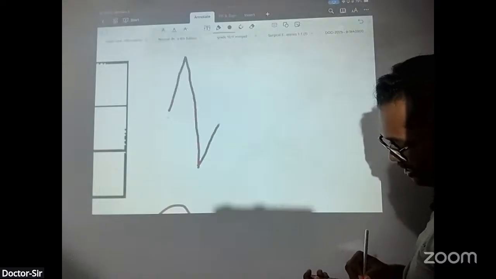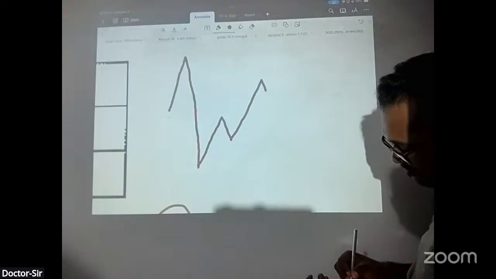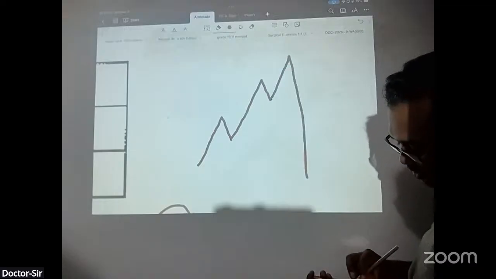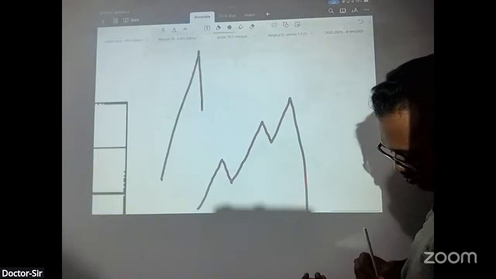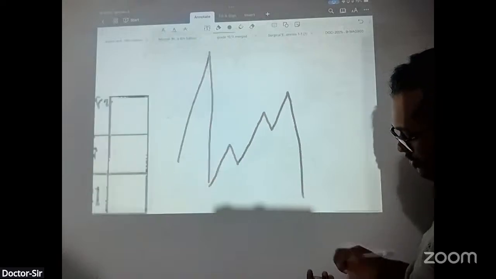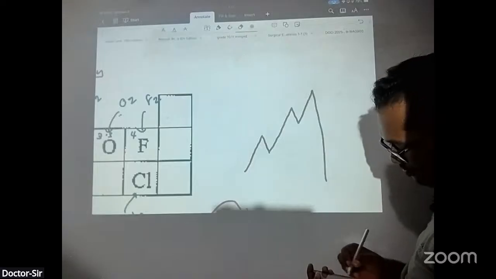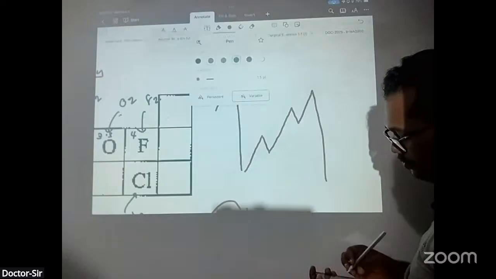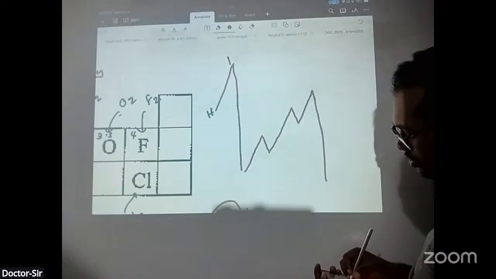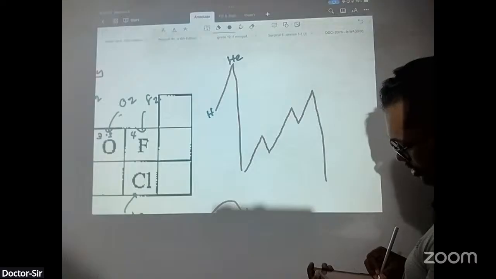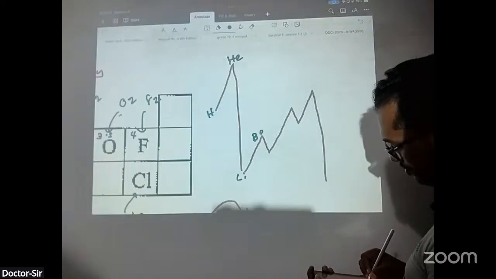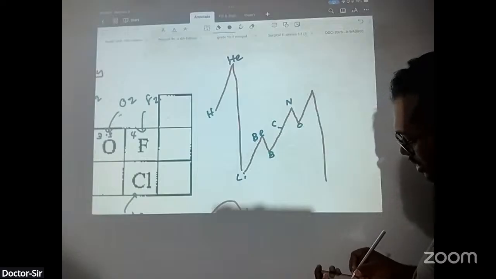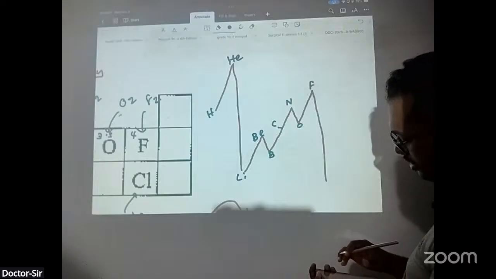There is a small pattern like this, going up a hill and down a hill. This hill should start a little higher up, right? Like this. Now I will put hydrogen, helium, then lithium, beryllium, boron, carbon, nitrogen, oxygen, and fluorine. Then out here, right?